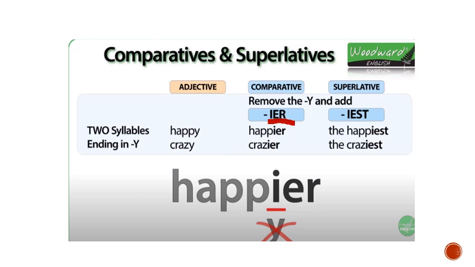Happy, happier than. Crazy, crazier than. While in the superlative form, we remove y and then we add i, e, s, t. Bie y-ja dhe shtojmë i, e, s, t. Happiest, and not with y, dhe jo me y, por me i.